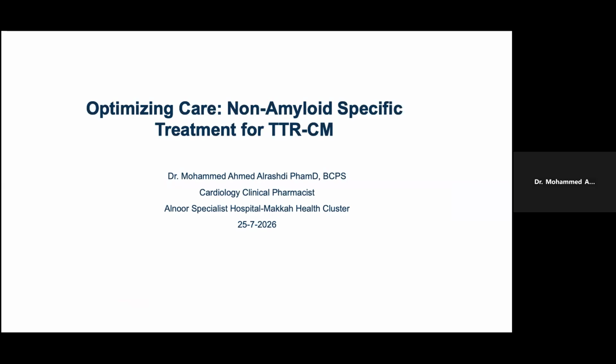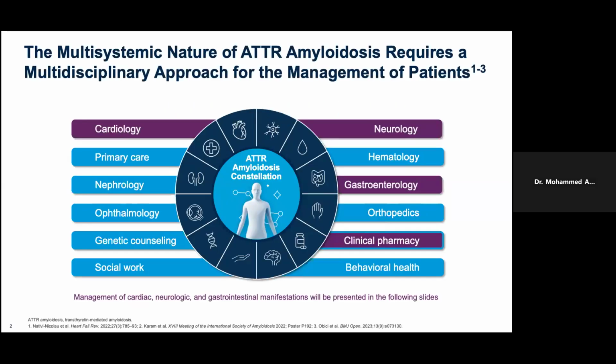However, despite this remarkable advance, our patients continue to experience heart failure symptoms, arrhythmia, and functional limitation. This raises an important question: how can we optimize the day-to-day care of patients living with ATTR amyloidosis?